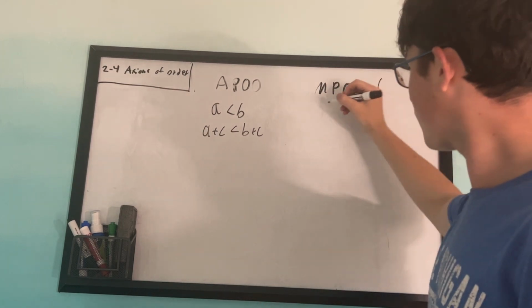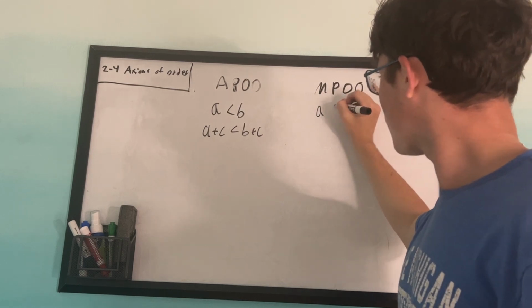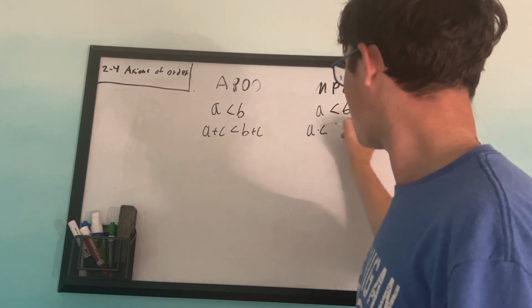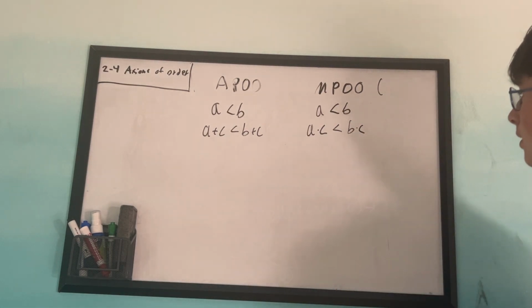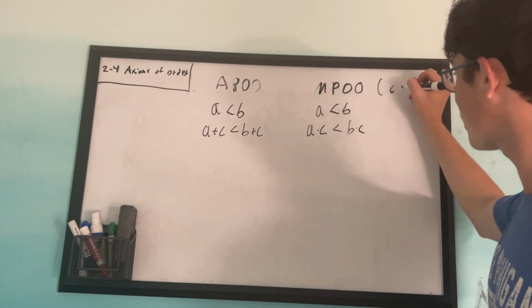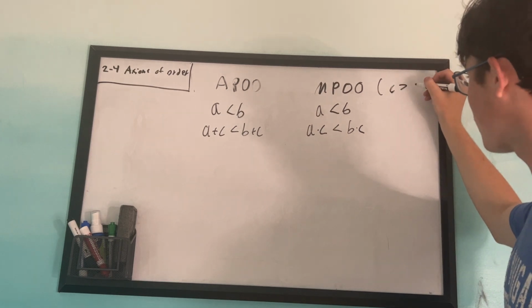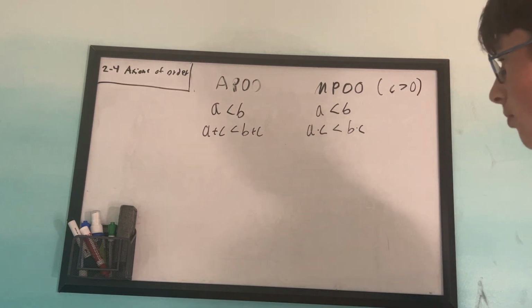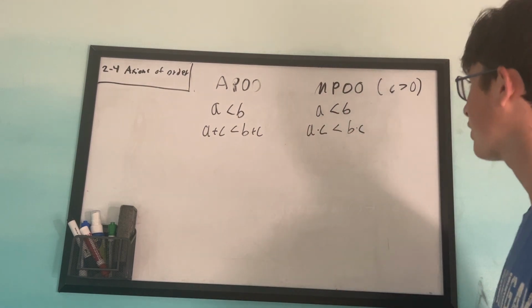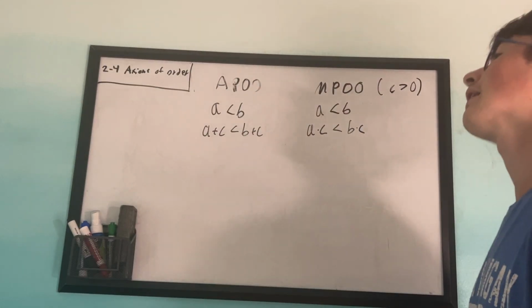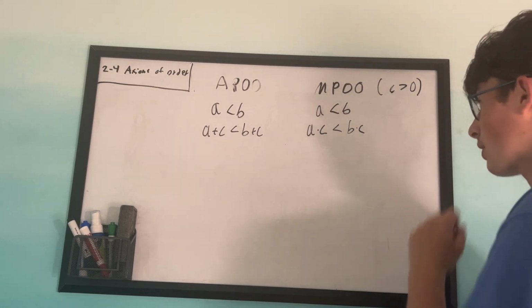And this states that if A is less than B, then A times C is less than B times C, but there is a caveat. The caveat is that C is greater than 0. It makes sense if you have 2 is less than 3, but you have C equals -1, -2 is not less than -3.